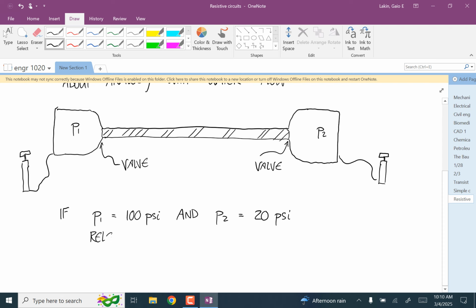Open the valves, and the water is going to flow to the right.